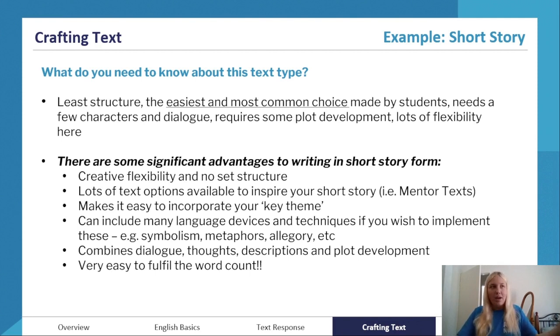How do you prepare to take this mentor text and analyze it? So first of all, you need to break down the text type for yourself. We said this mentor text is a short story. Short stories have the least structure in terms of creative writing. They're one of the easiest and most common choices made by students, and you may choose to do this for your crafting text.